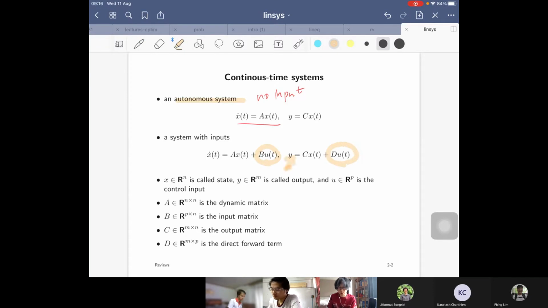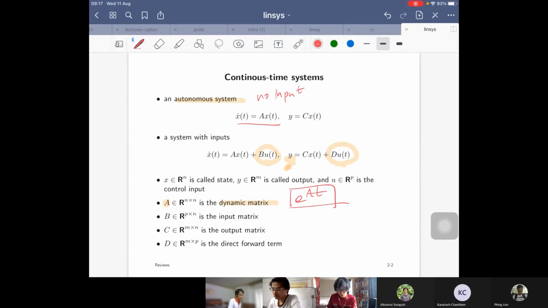Please review that we call the matrix A the dynamic matrix because the matrix A is very important that it defines the dynamics of the system. I think we're going to talk in the next slide that the solution of the continuous time linear system will be highly involved with the state transition matrix e to the At.